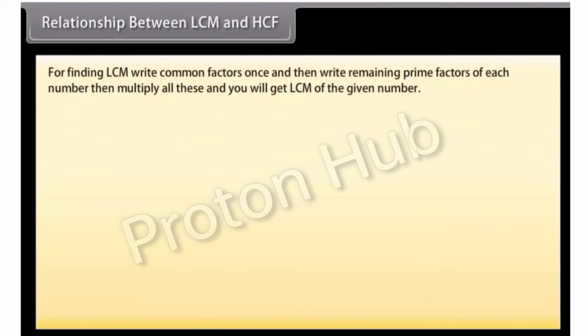For finding the LCM, write common factors once and then write the remaining prime factors of each number. Then multiply all these and you will get the LCM of the given numbers. 510 is equal to 2 × 3 × 5 × 17. 276 is equal to 2 × 2 × 3 × 23.